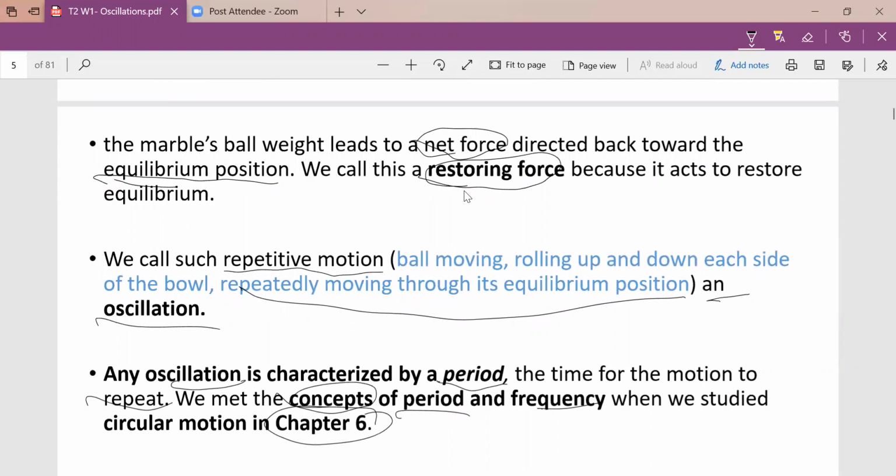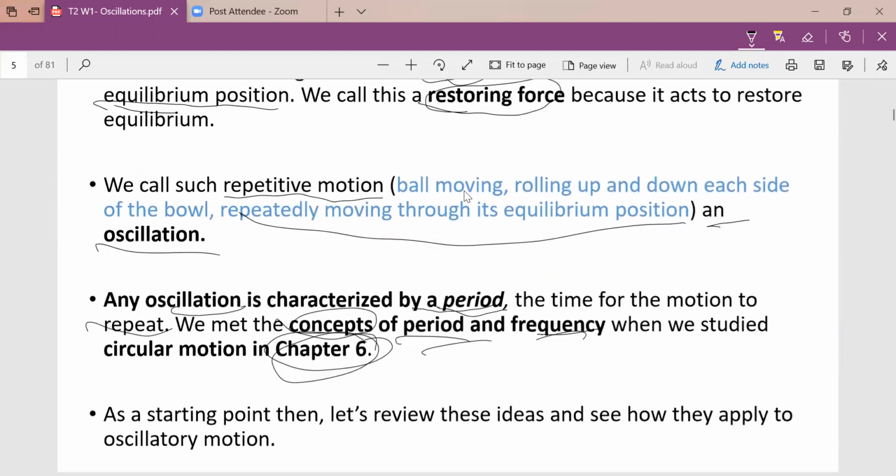So whenever we have motion that is repeating itself, just like that which we just saw, or motion of a pendulum, any motion that is going back and forth, we can actually characterize such motion using terms like period and frequency. And we discussed this previously in chapter 6.